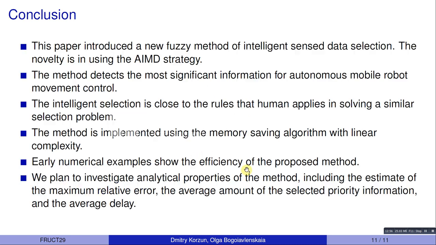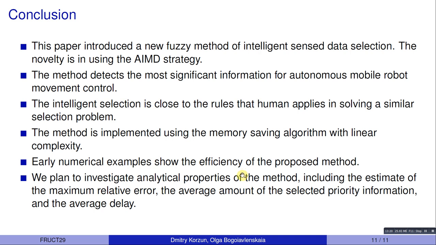Okay, and now the conclusion. We propose a new fuzzy method for intelligent data selection. Its novelty is in using the additive increase, multiplicative decrease strategy from data communication.